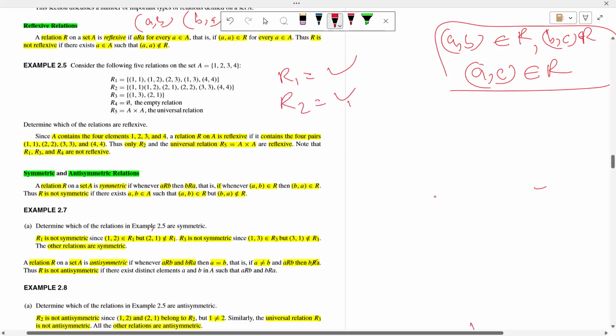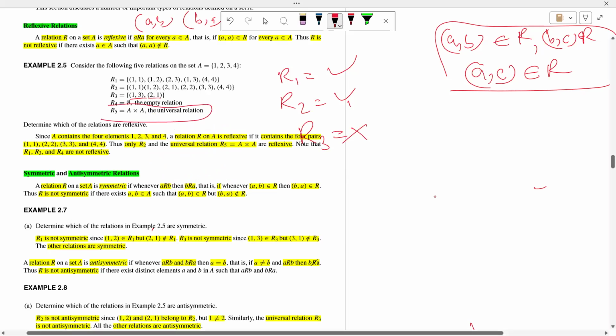If you look at these two pairs, (2, 1) is one pair, and (1, 3) is another pair. Here you don't have the ordered pair (2, 3). Because of that, you can say R3 is not transitive. Similarly, R4 is not transitive.